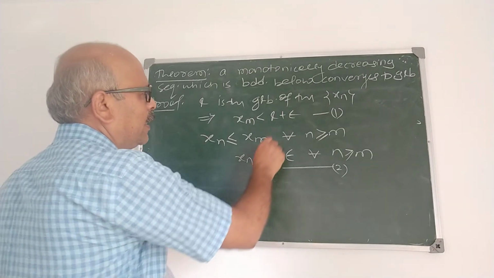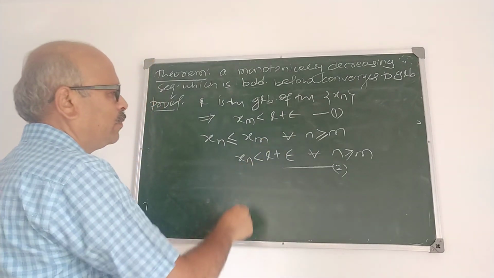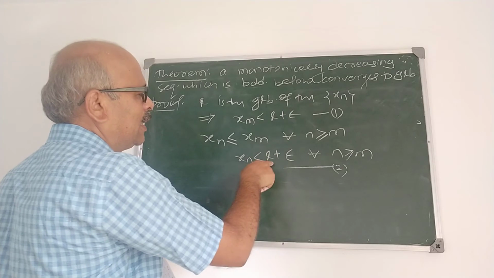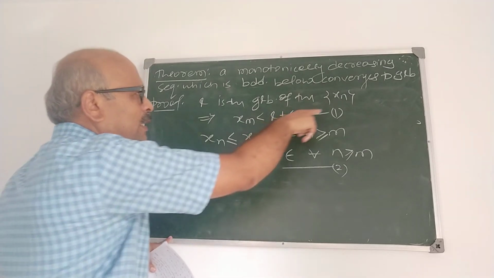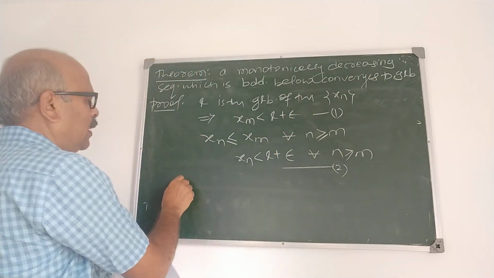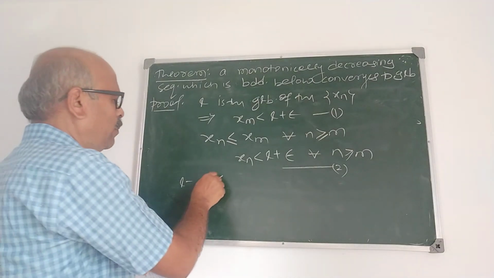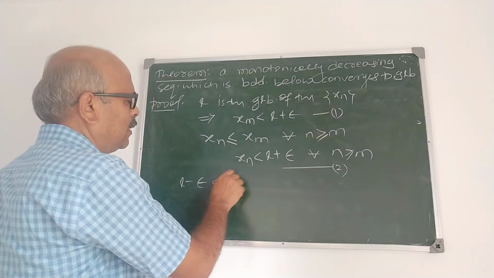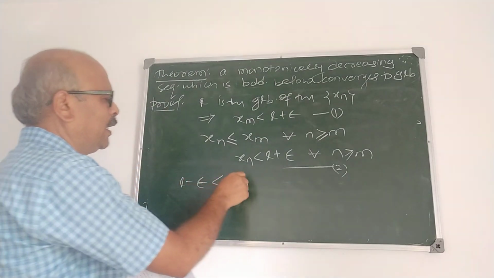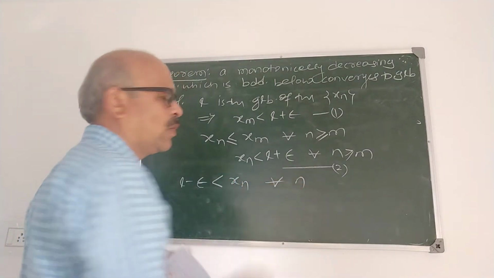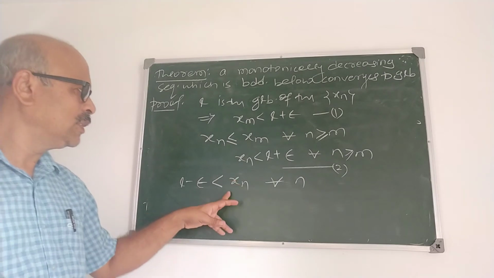But L is the greatest lower bound. Therefore any number less than L is always a lower bound. So xn is greater than L minus epsilon for all n. Try to understand, it is very important.